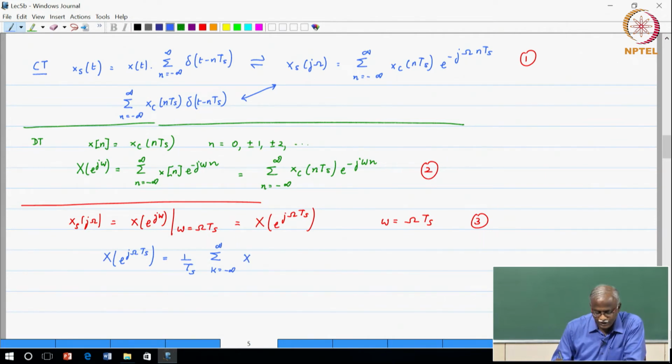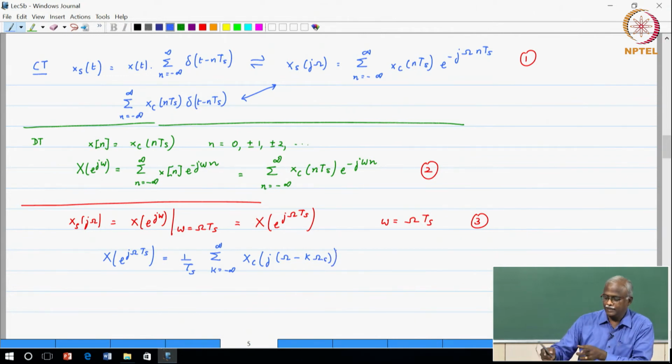So this would be Xc of j times (Ω minus kΩs). This is another form of Xs(jΩ), so this is equal to Xs(jΩ). This was derived in the earlier lecture.